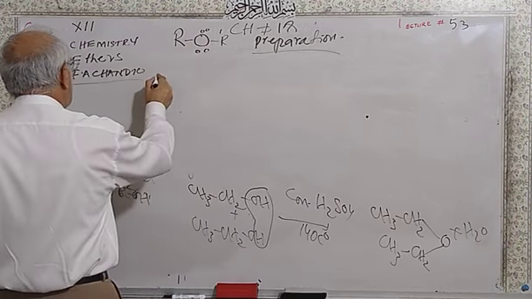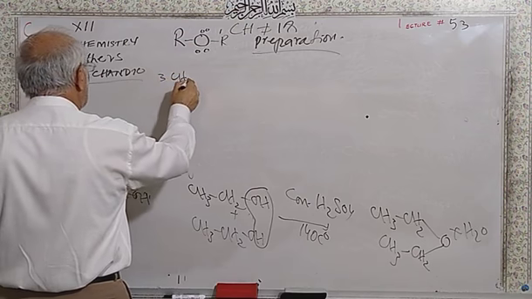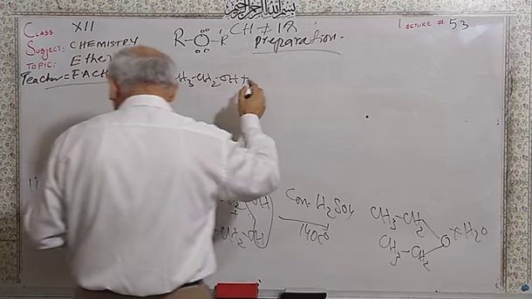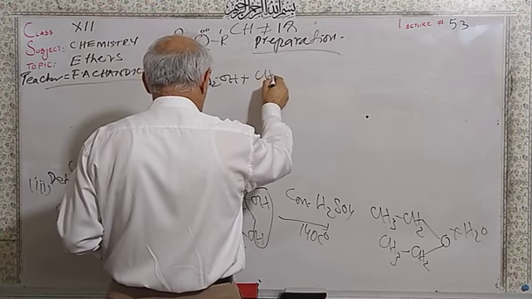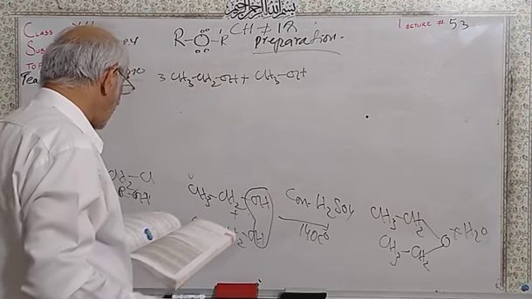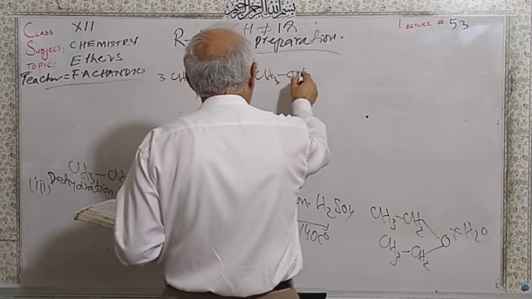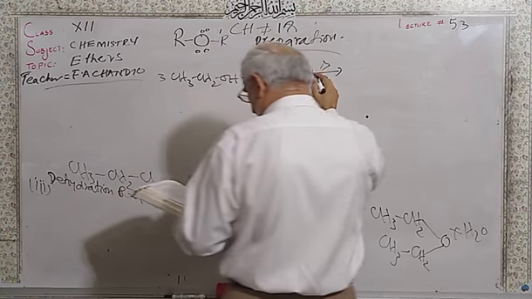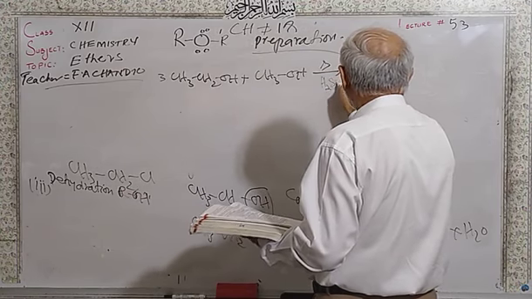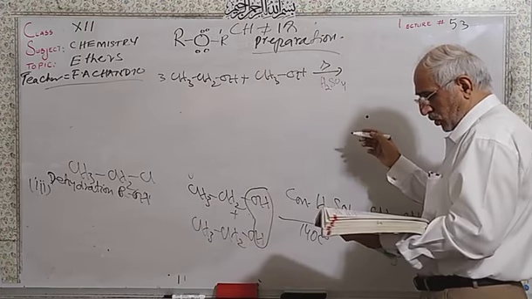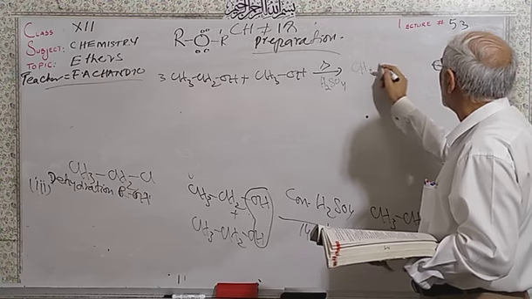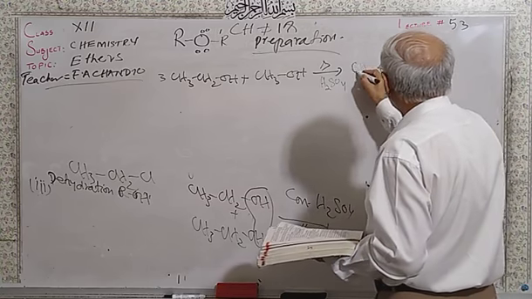So if you have 3 moles of ethanol plus methanol, 3 moles of ethanol and 1 mole of methanol, heat it in the presence of sulfuric acid, so you will get different mixtures.